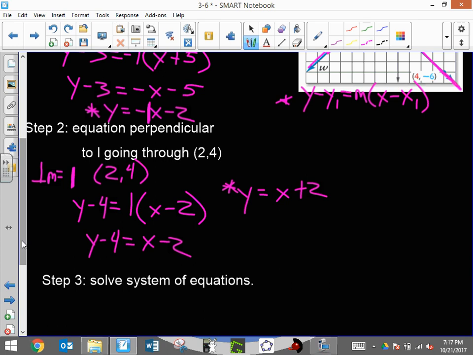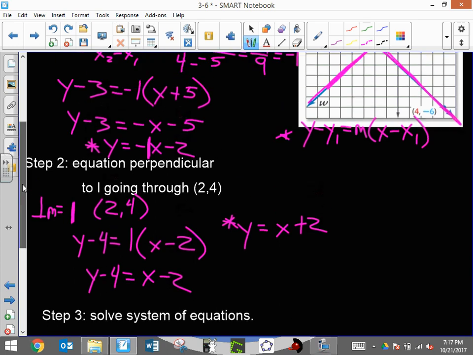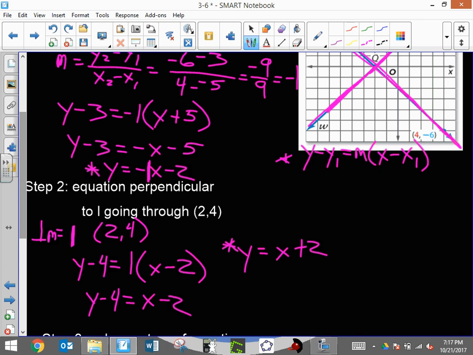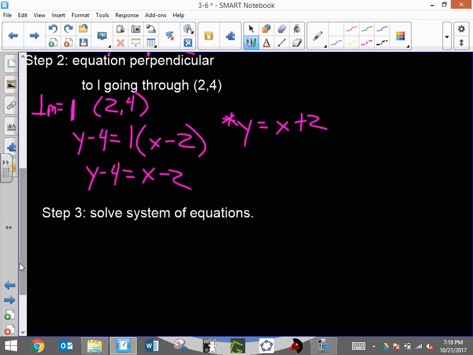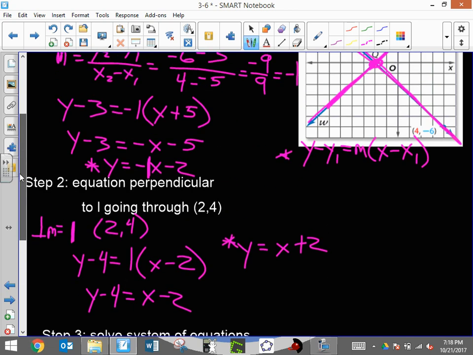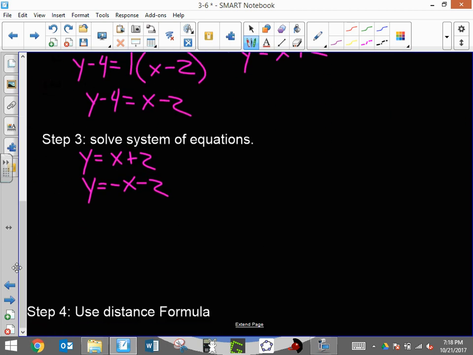Step 3 is to solve the system of equations. So now I want to know where do those lines intersect. And that's what they're calling up here is this point. So I'm looking for that point given my 2 starred equations. So I'm going to rewrite them: y equals x plus 2 and y equals -x minus 2. And I'm going to set those 2 things equal to each other.